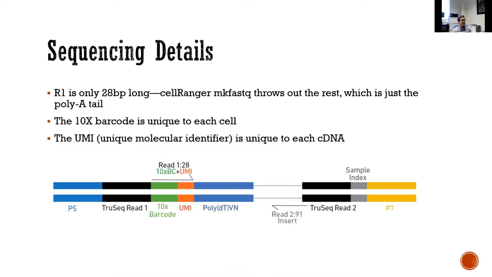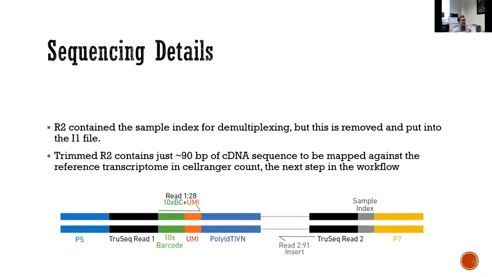So that's the same information I just talked about, but it just uses a slightly different illustration. Your read 1 is here, 28 base pairs if you use the V3 version, and the rest of them will be the poly A, which will be gotten rid of in the analysis. And your read 2 is here, on the gene, on the mRNA itself, the transcript.